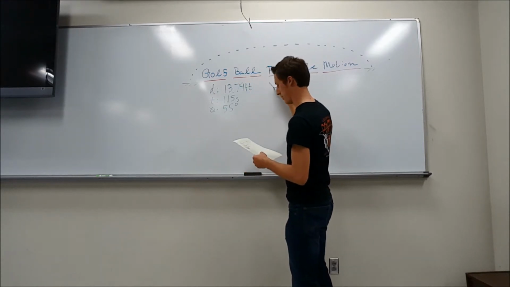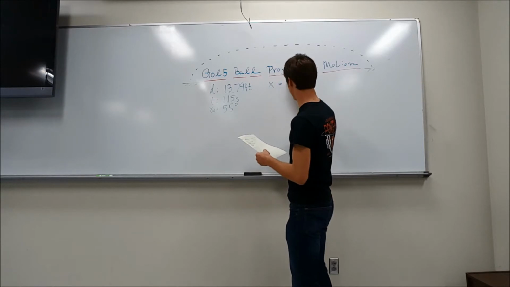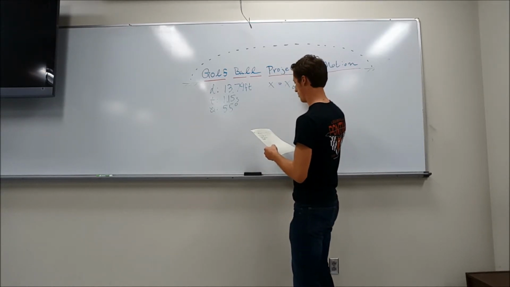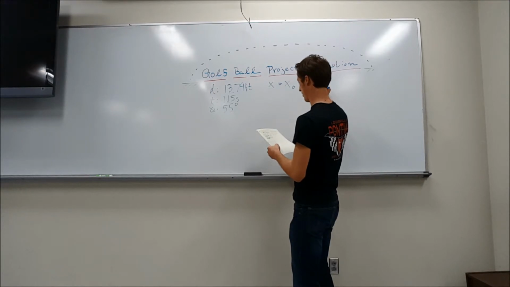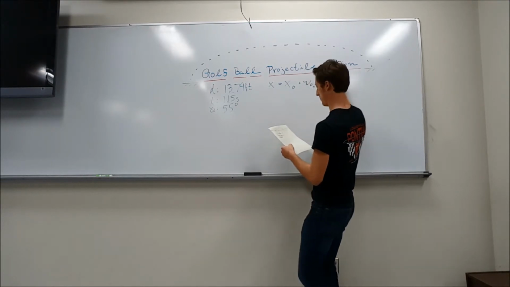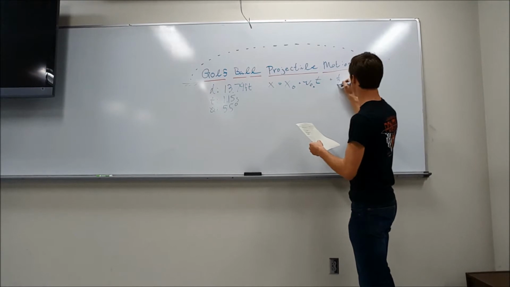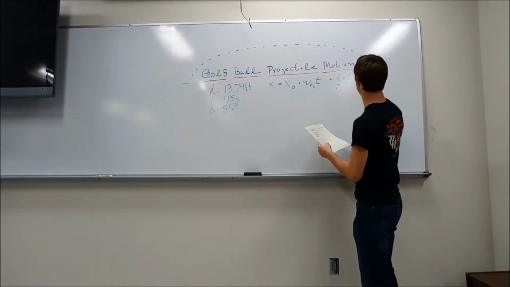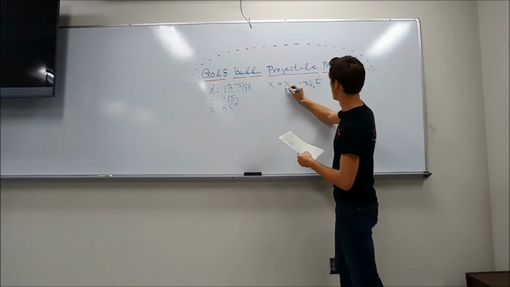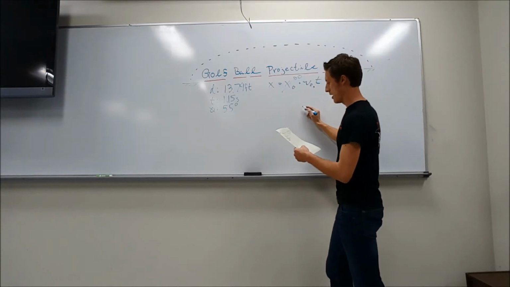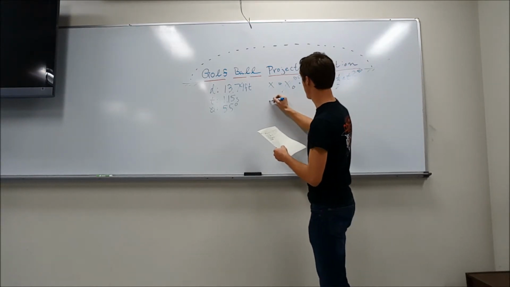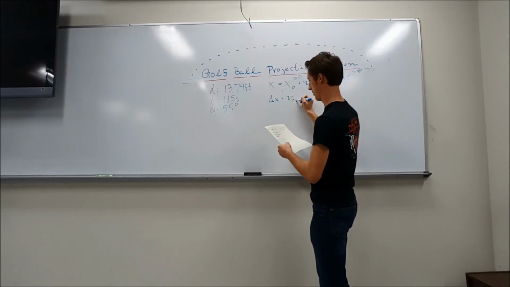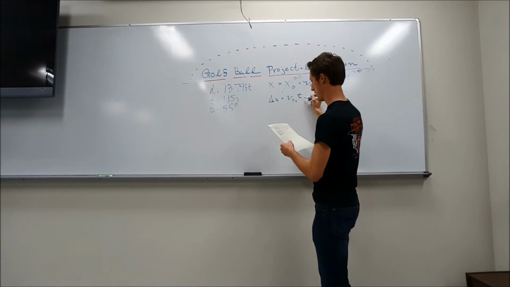So as with the other examples, we are going to use the same constant acceleration equation of x equals x naught plus v naught sub x times time plus 1/2 a t squared. As before, this term will go to 0, and so will our x naught term. And then we will write down what's left. So delta x is equal to v naught x times time.